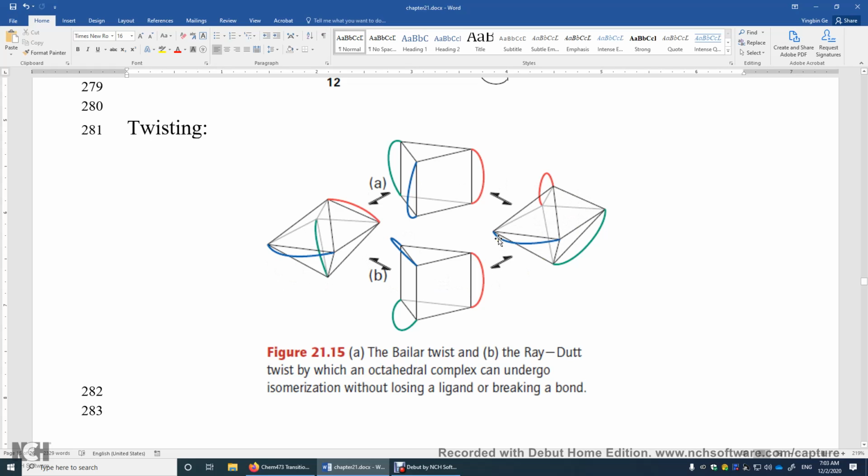And either way, if you look at the initial configuration here and the final configuration, you can see these two are different. You can look at those three links with different colors. You will get a different configuration. There are two different mechanisms. Again, the top one is called Bailar. The second one is Ray-Dutt.